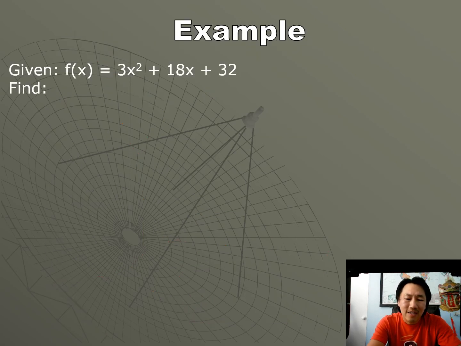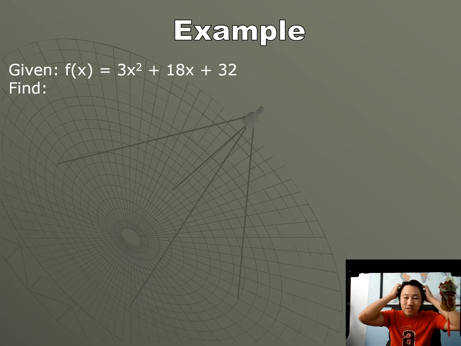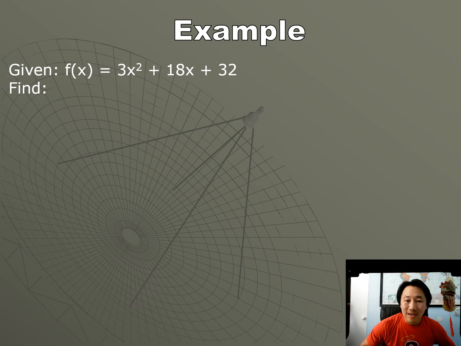All right, here is our final example, but it is kind of extensive, but it brings everything we've learned all together. Here's our function. f of x is equal to 3x squared plus 18x plus 32. All right, it is a quadratic equation, which means it's going to be a parabola, and it is in standard form.